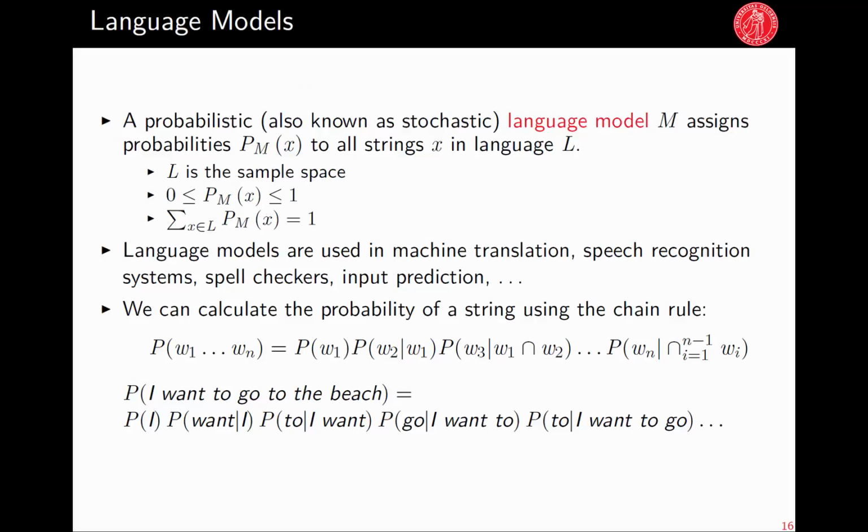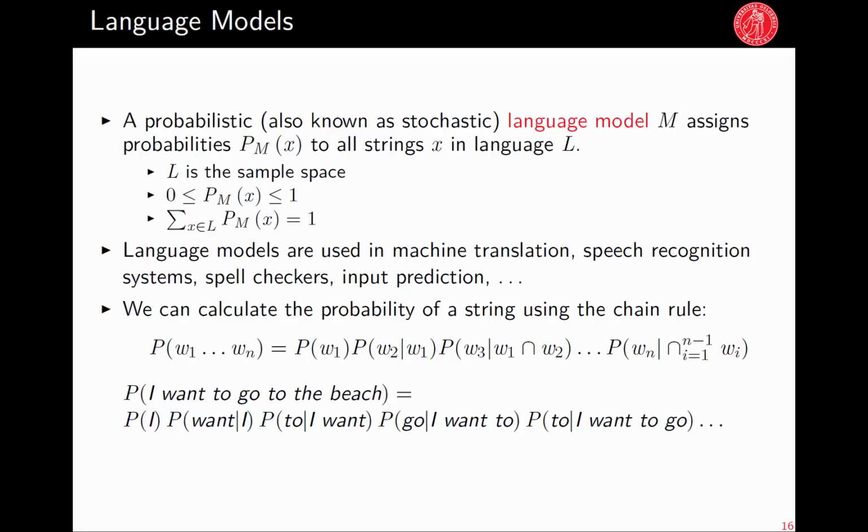Looking at this, you might already wonder, how am I going to know the probability of "to" given the preceding 4 words "I want to go"?